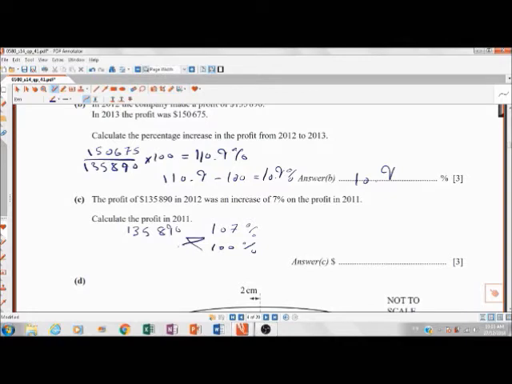So in order to find the 100%, you cross multiply. What you get is 100 multiplied by this number divided by 107. You end up with 127,000. That's the answer.